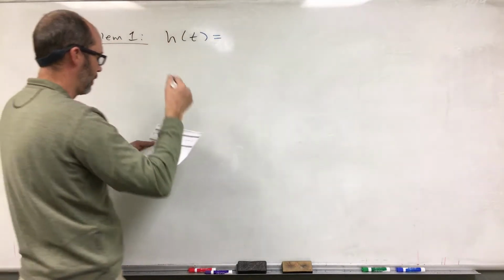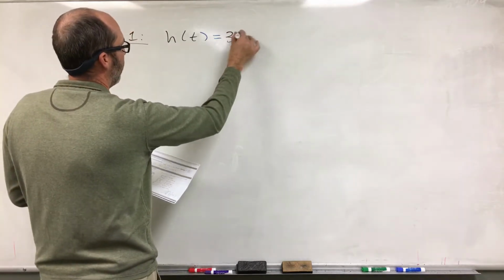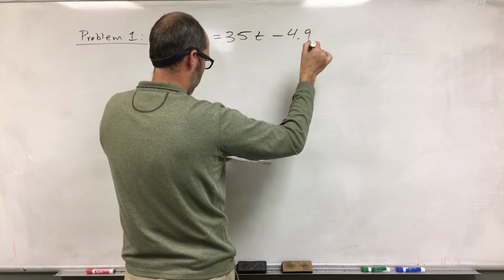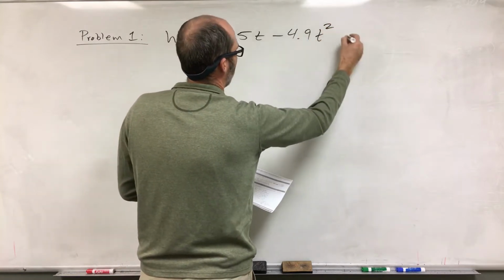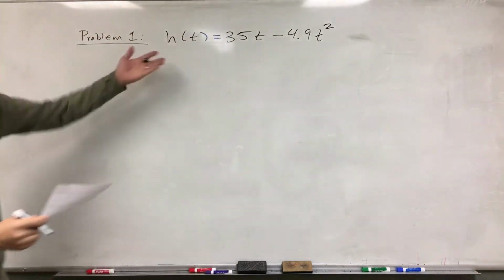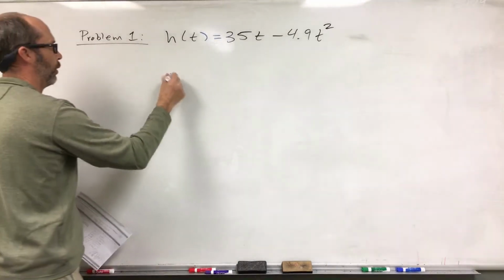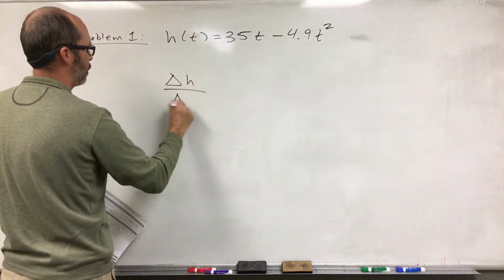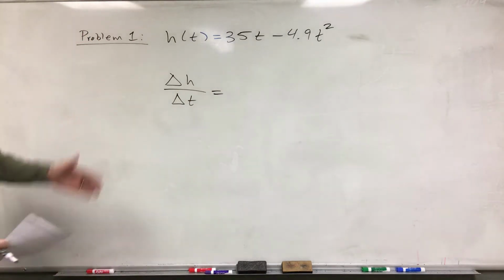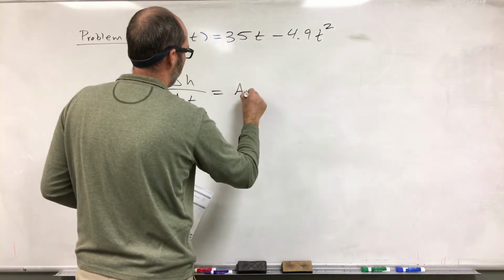So this is a position function, h of t. Meters there, that's the units. This is a position function, so the change in h over the change in t is the average rate of change, also the average velocity.